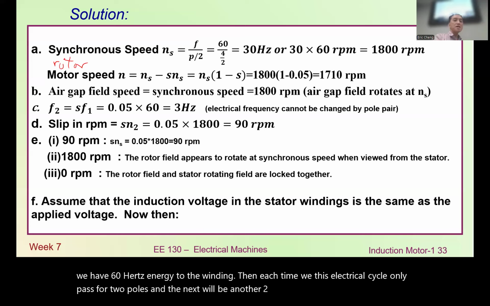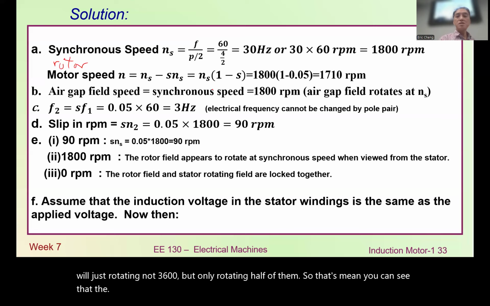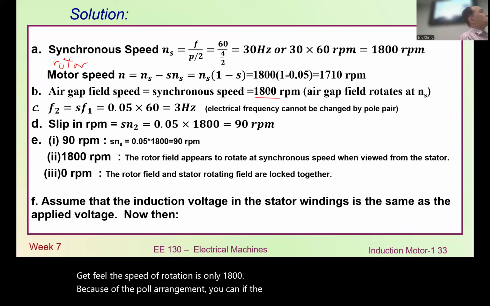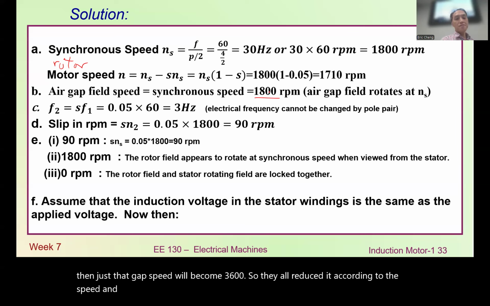So that's to say the air gap field will rotate not at 3,600, but only half of that. So the speed of rotation of the air gap field is only 1,800 because of the pole arrangement. If the question changes to 2 poles, then the air gap speed will become 3,600. So they are all reduced according to the speed and also according to the pole pair.